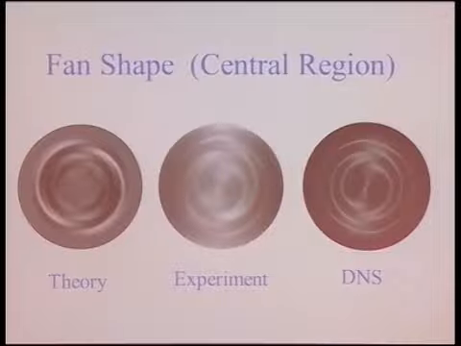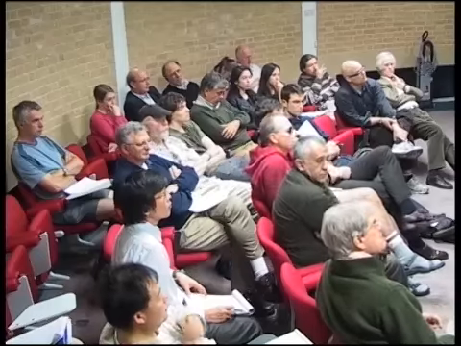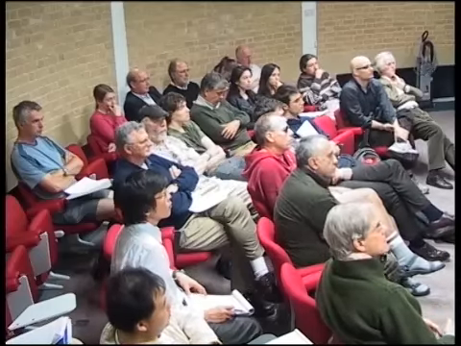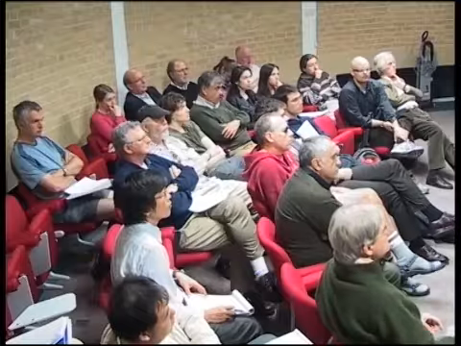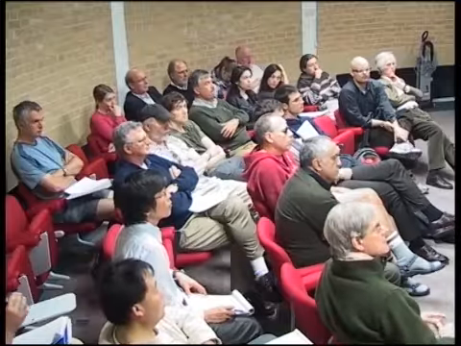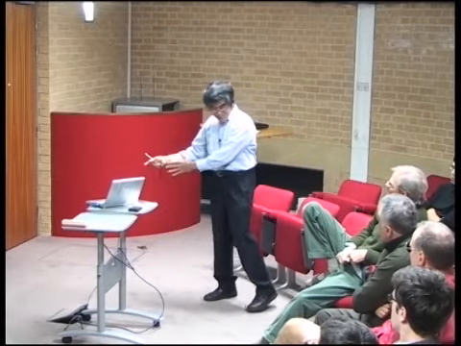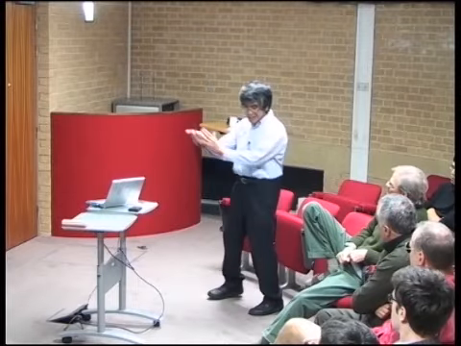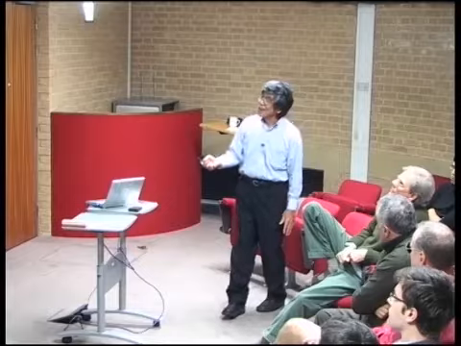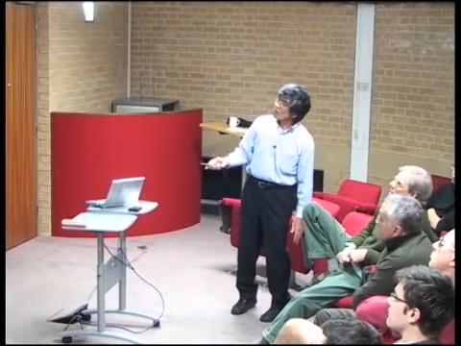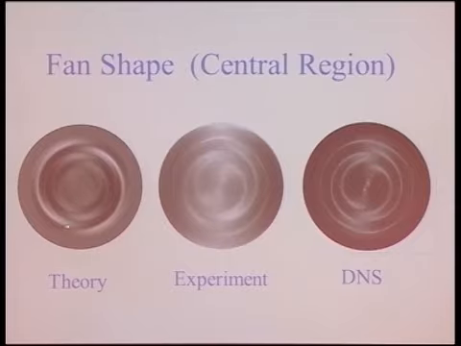This comes from the conical shear layer. But that's the leading order. We must consider the next order, the second or third order, I think. So this is the experiment comparison of these three.